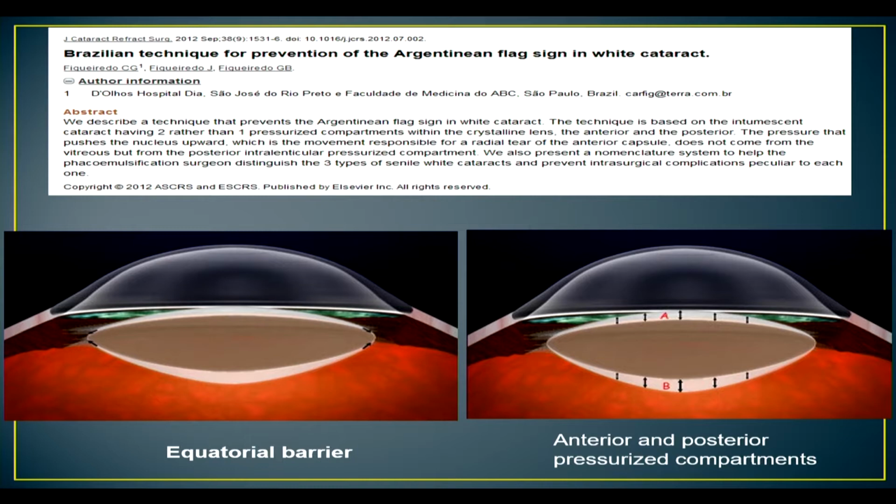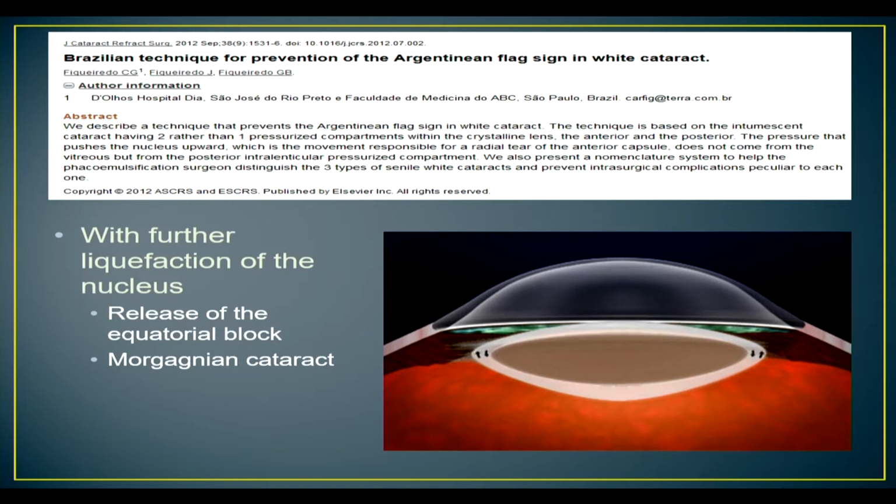Now, this was a separate new concept that Figueredo came out with in 2012. He said that there is a nuclear block here which does not allow free flow of fluid from the posterior to the anterior compartment, and he called it the equatorial barrier. And this resulted in anterior and posterior two pressurized compartments.